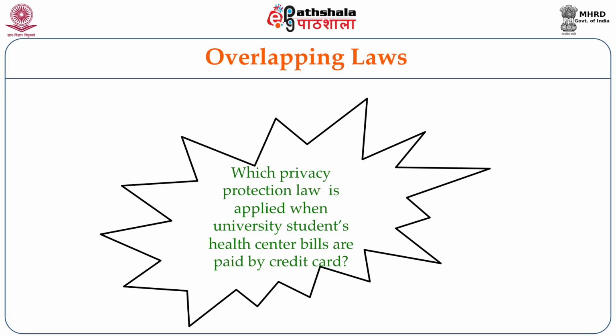Sometimes what happens is that the laws overlap. Which law would require privacy protection of a university student's health center bills paid by credit card? Because the laws have different protection and handling requirements, it is necessary to determine which law applies to a single piece of data.